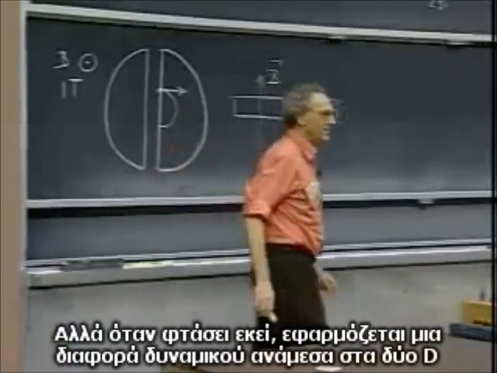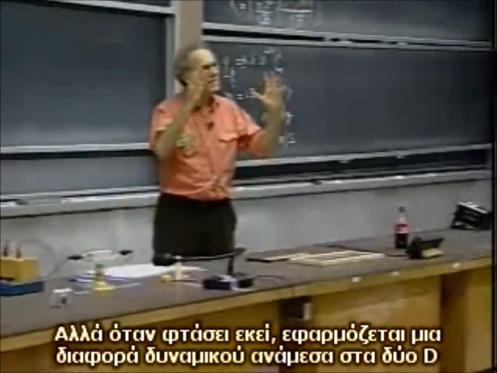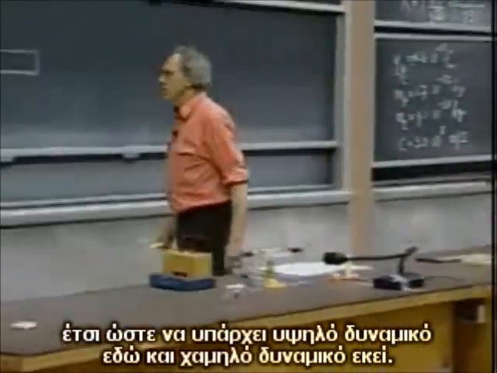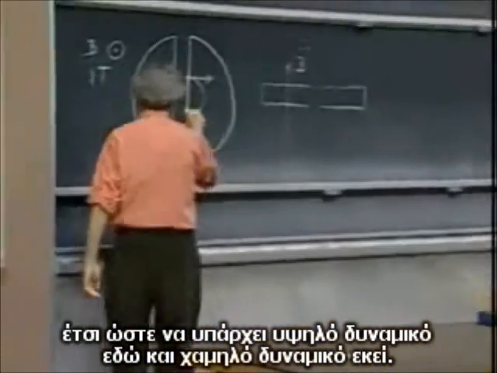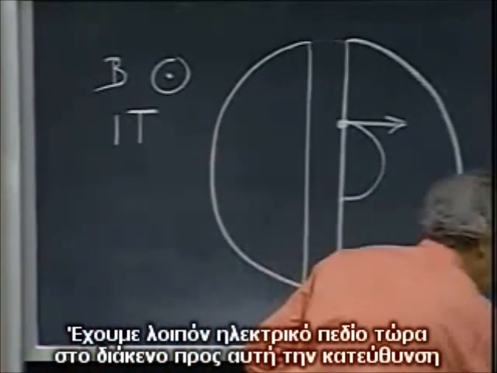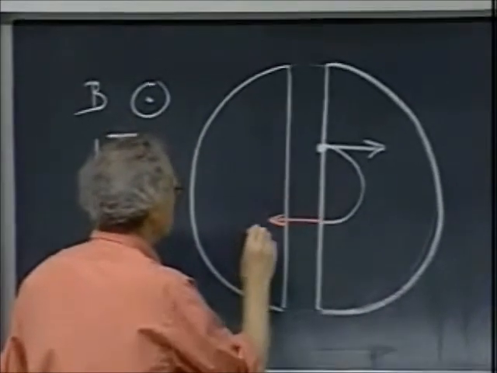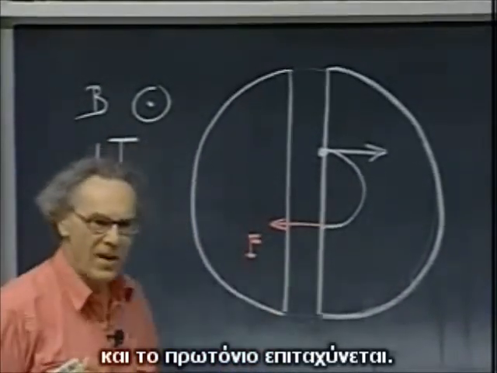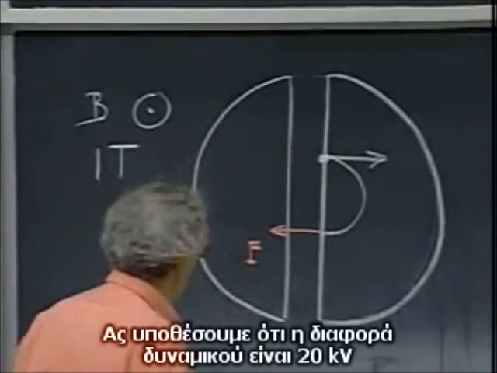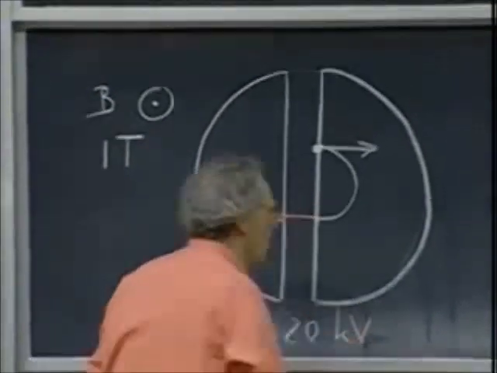But when it gets there, a potential difference is introduced between these two Ds, so that this is high potential and this is a low potential. And so you're going to get an electric field now in this gap, in this direction, and so this proton is being accelerated. Let's suppose that the difference in potential is 20 kilovolts.